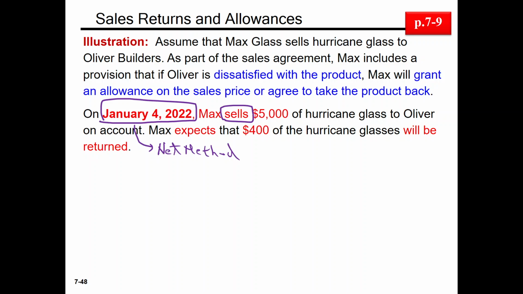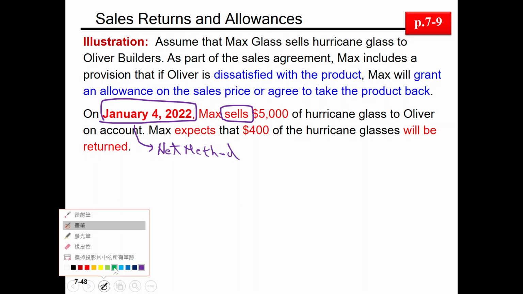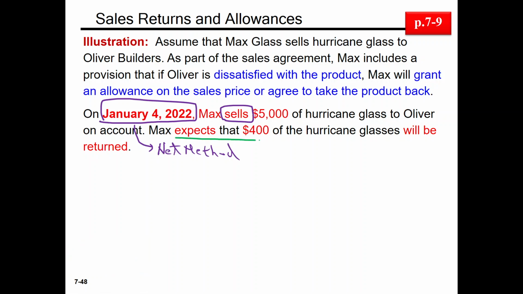So you have to consider how many products maybe customers will return back to you in the future. So you expect 400 of the inventories will be returned back to you in the future, because we use net methods.